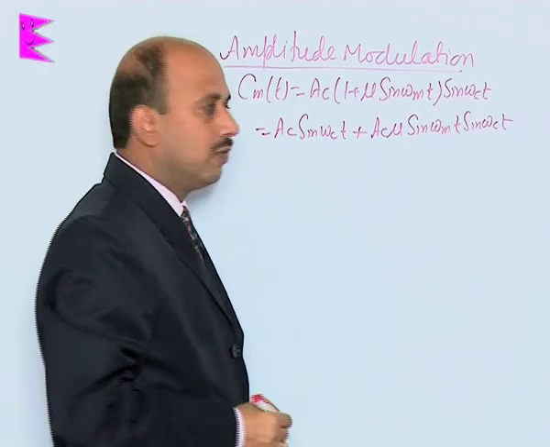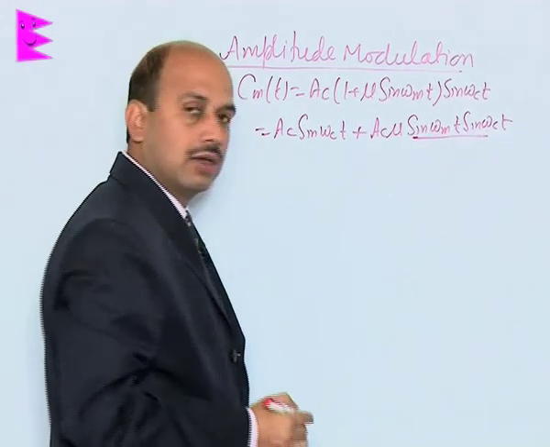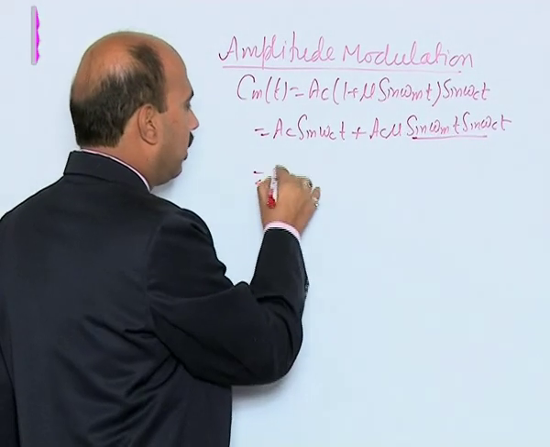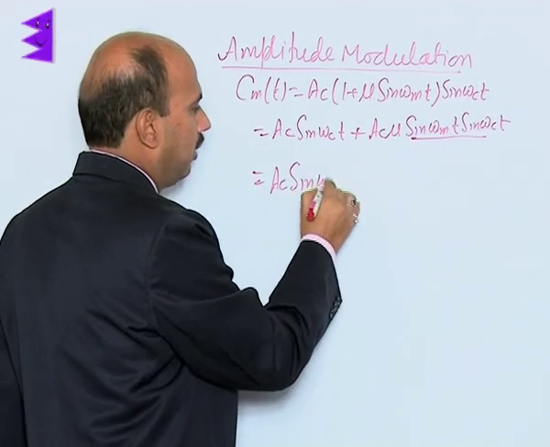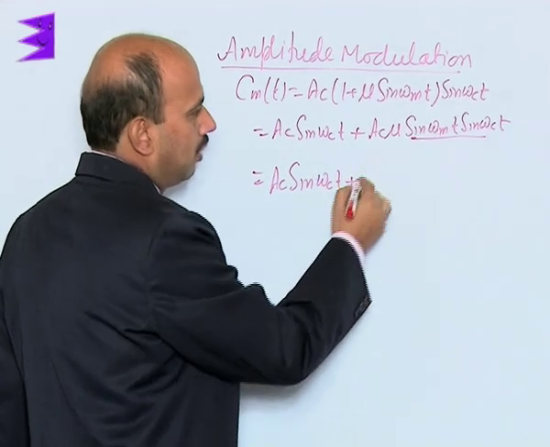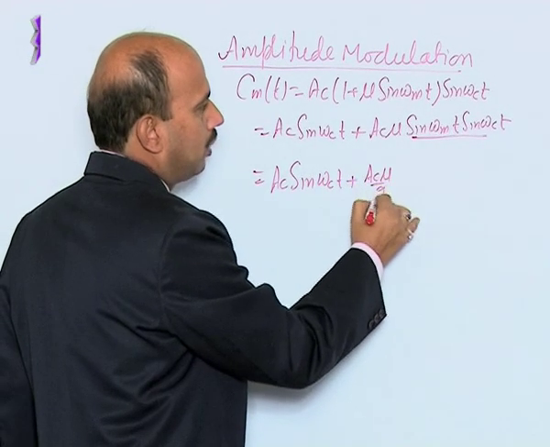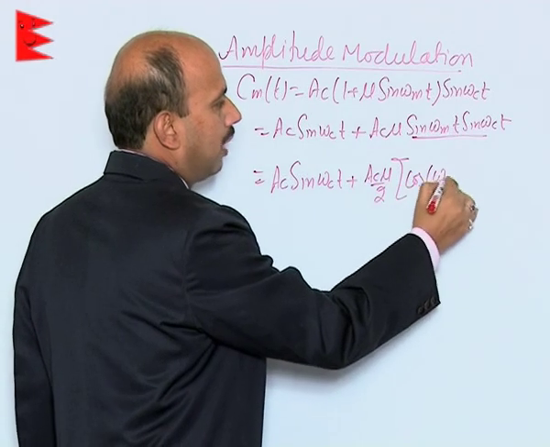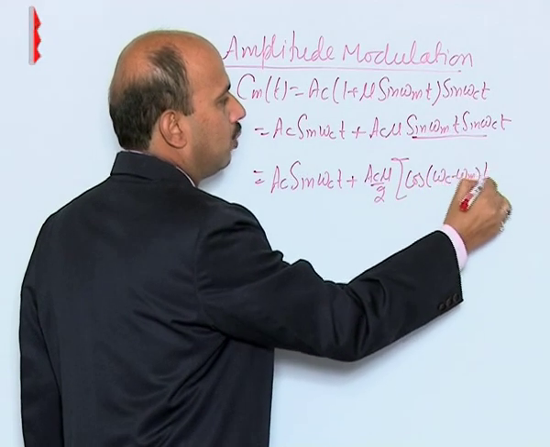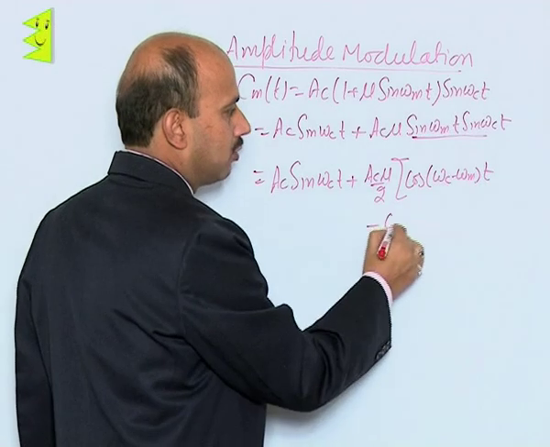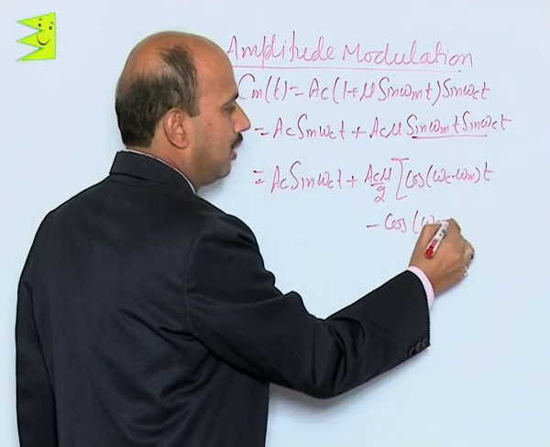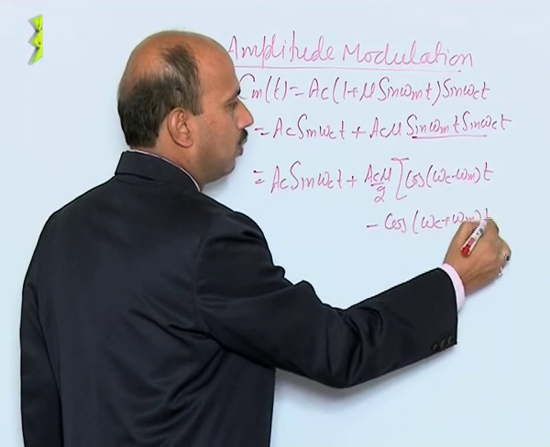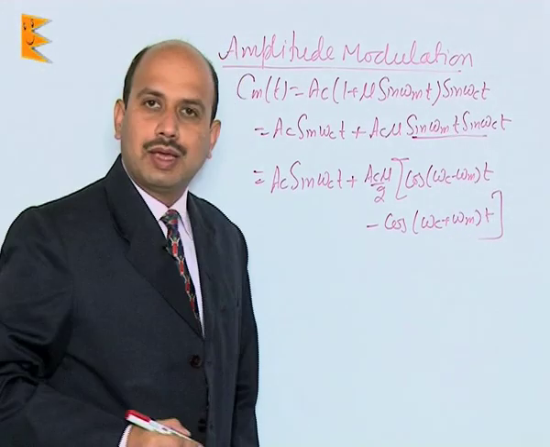We can use the equation for sin A sin B, that can be written as Ac sin omega c t plus Ac mu by 2, cos (omega c minus omega m) t minus cos (omega c plus omega m) t. This equation we can get.